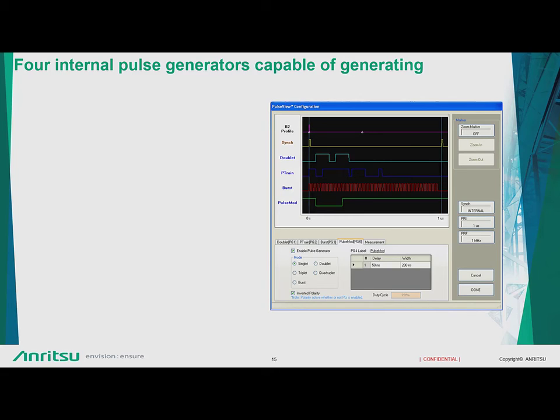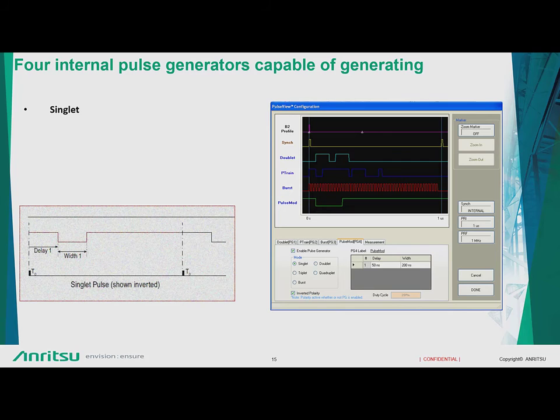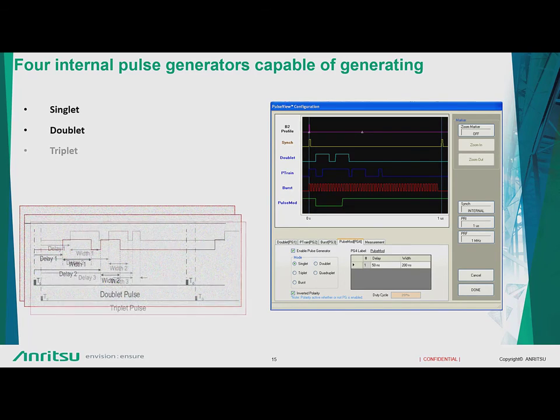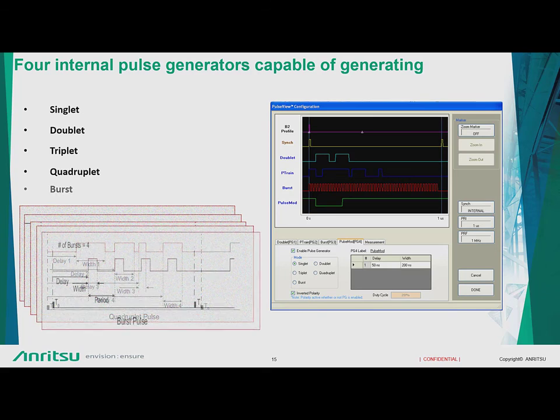So I can send a pulse train, a doublet, a singlet, and a burst mode as well. And the B2 profile is basically the measurement profile. As I said, you can send in a singlet, a doublet, a triplet, a quadruplet, and in fact a burst as well. So you by default get the pulse generators in the VectorStar.